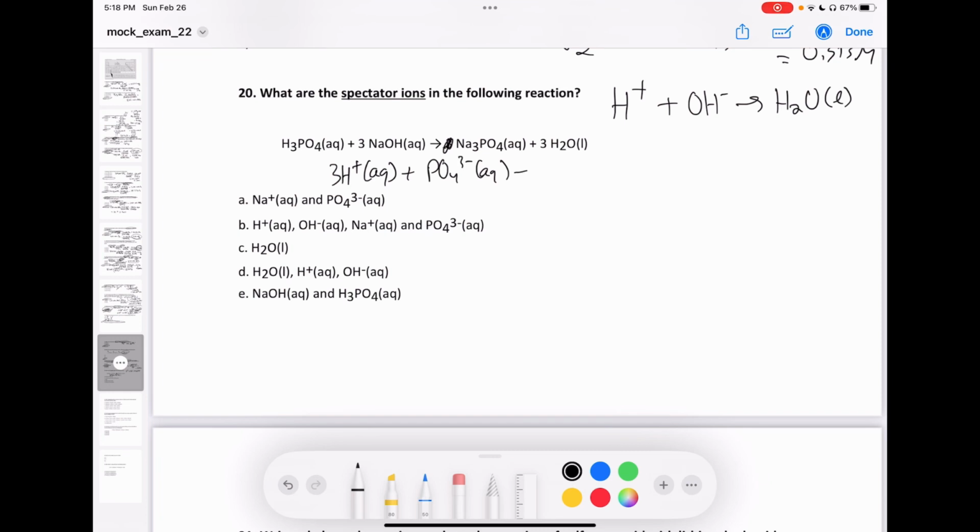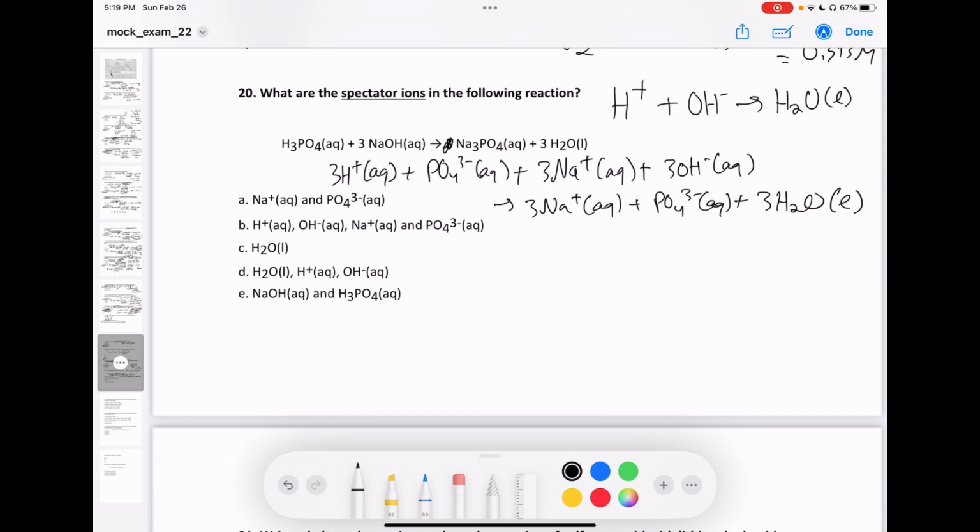I'm just kidding, it's important. Plus 3 Na plus aq plus 3 OH minus aq creates 3 Na plus aq plus another phosphate anion plus 3 H2O.